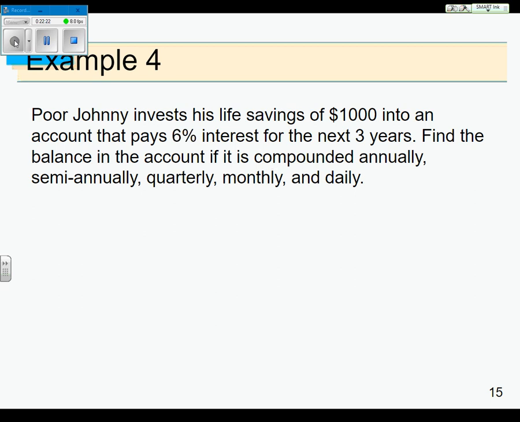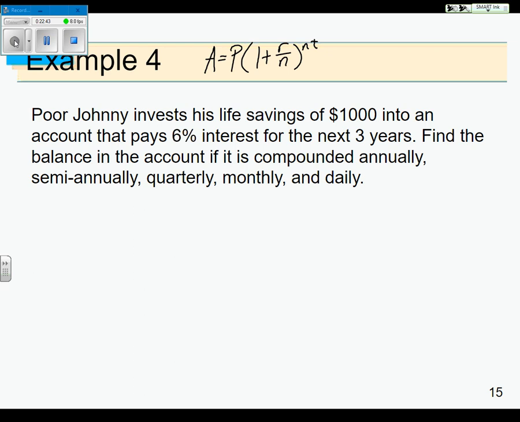We did this last year as well. And so we always said that the annuity was going to equal the principal times 1 plus r over n, raised to the nt, where n was the number of compoundings, t is the amount of time, r is the rate as a decimal, and p stands for the principal, or the initial amount that Johnny put in.